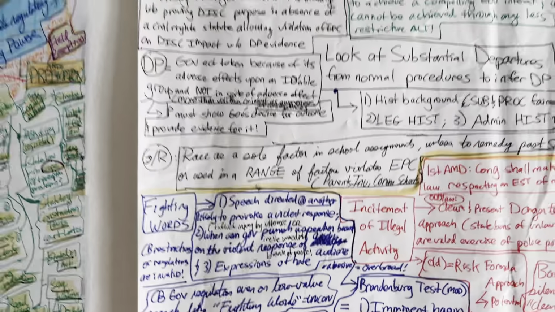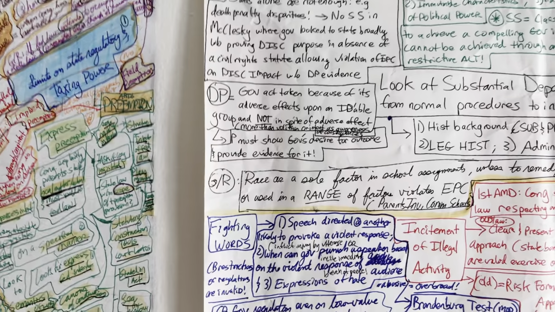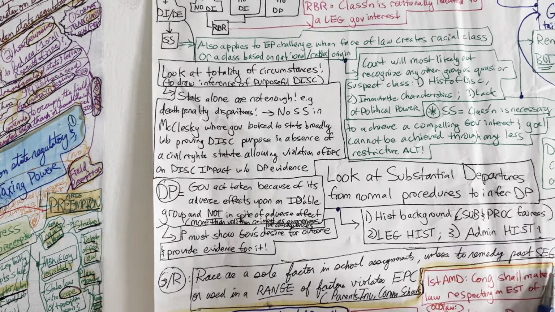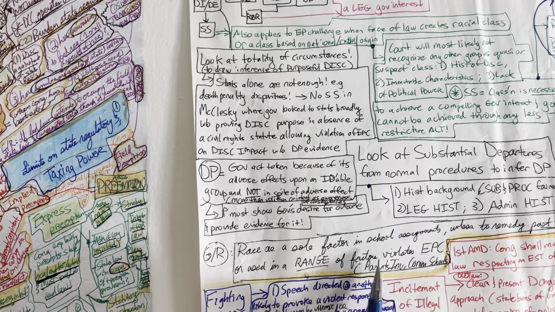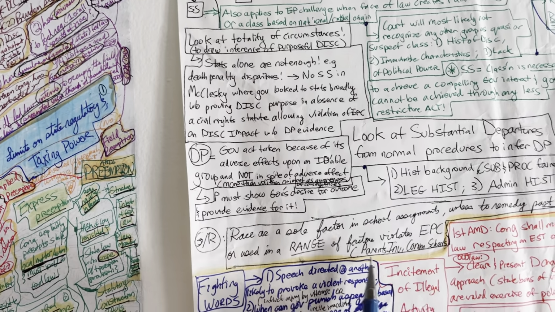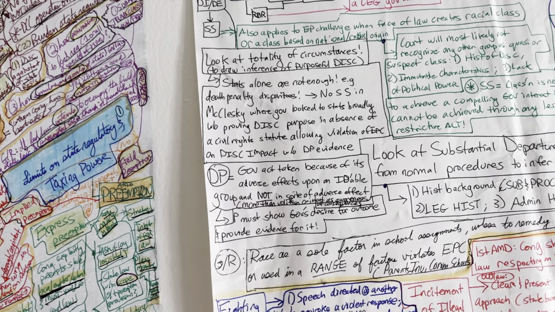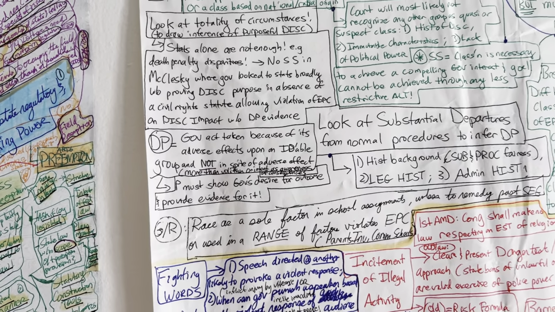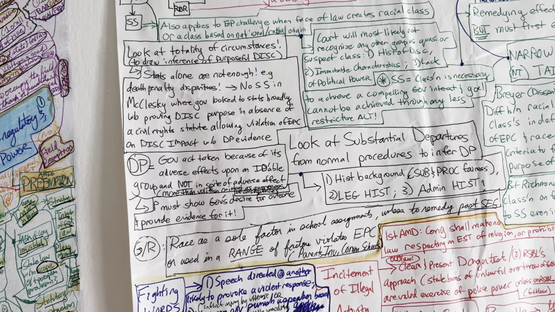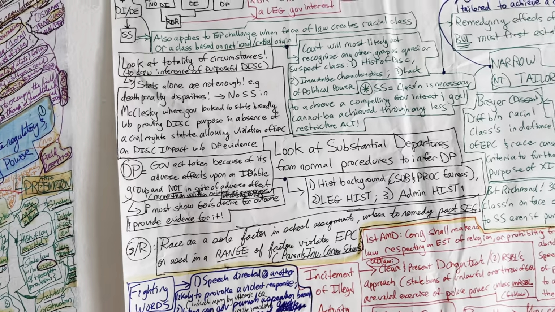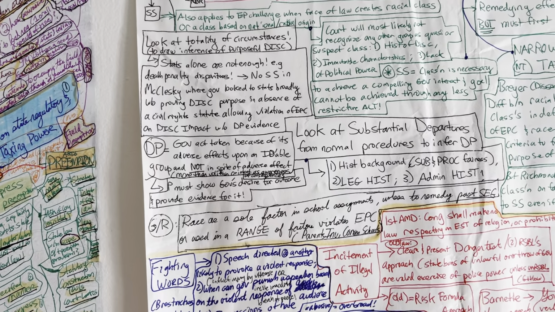So another general rule here, race as a sole factor in school assignments, unless to remedy past segregation or used in a range of factors, violates the Equal Protection Clause. That was the Parents Involved in Community Schools case. So if race is a sole factor in school assignments, unless to remedy past segregation or used in a range of factors, it could violate the Equal Protection Clause.